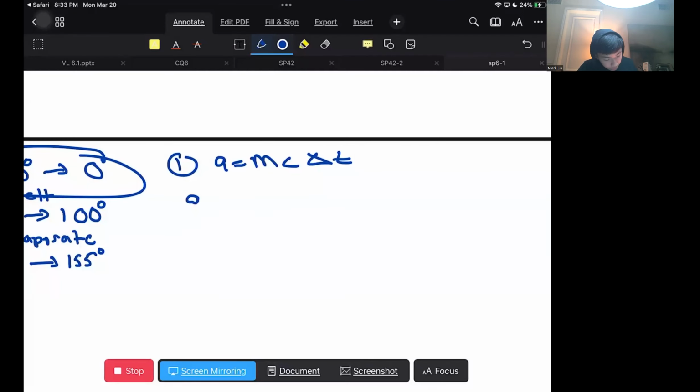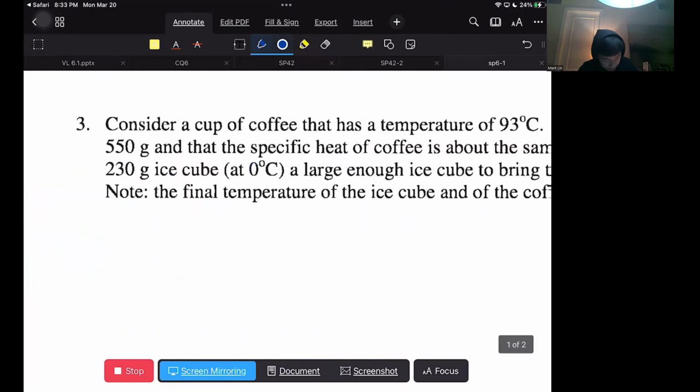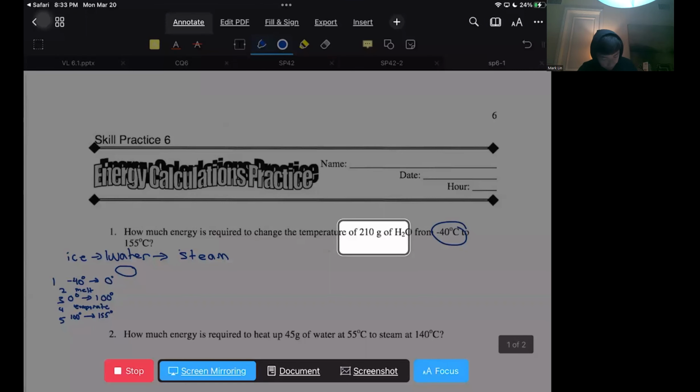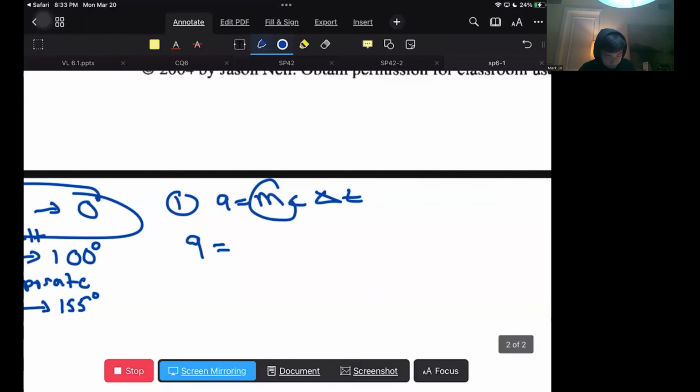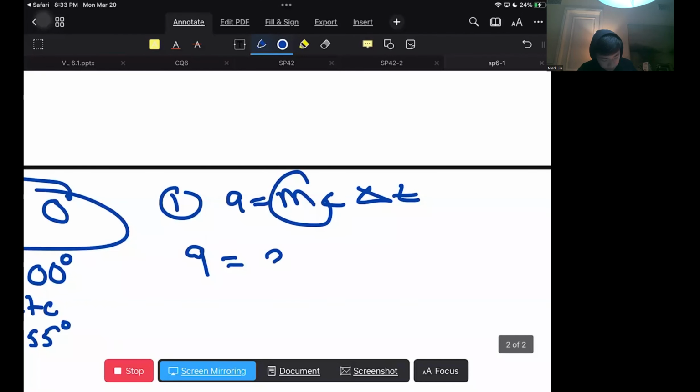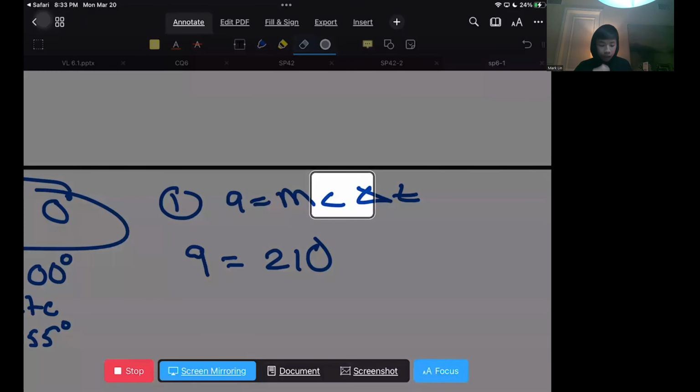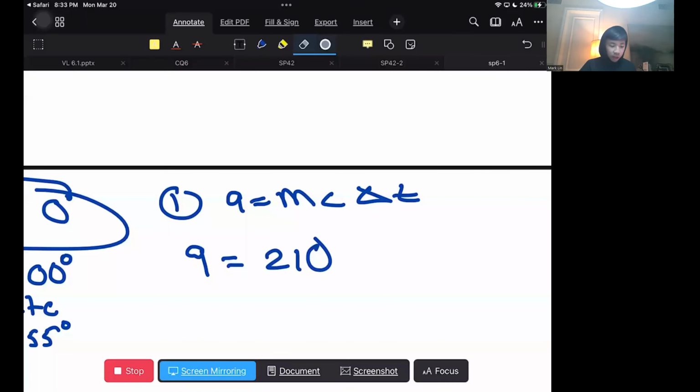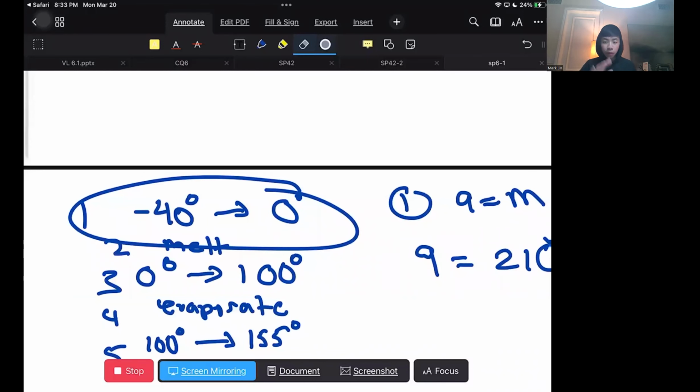So we need to find out what Q is. Our mass is 210. Then we have to find out our C, our specific heat. Because there are a couple of them, we need to look at what we're dealing with.